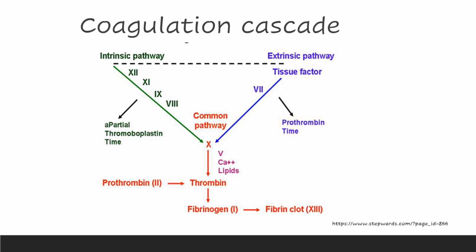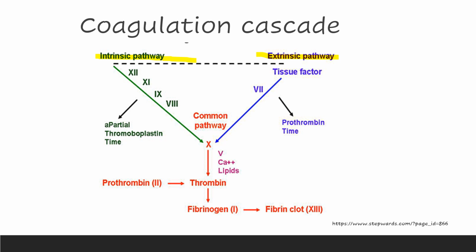Okay, before we talk about anticoagulant agents, let's look briefly at the coagulation cascade. In the coagulation cascade, we have the intrinsic pathway and also the extrinsic pathway. In the intrinsic pathway, factor 12 converts to 12A, then factor 11 to 11A, factor 9 to factor 9A, and then we have factor 8.